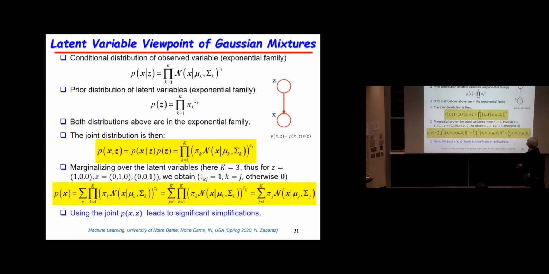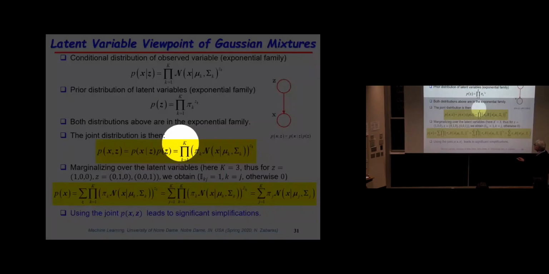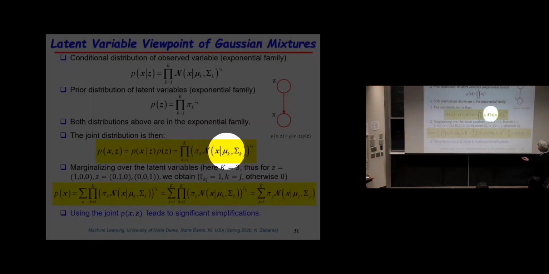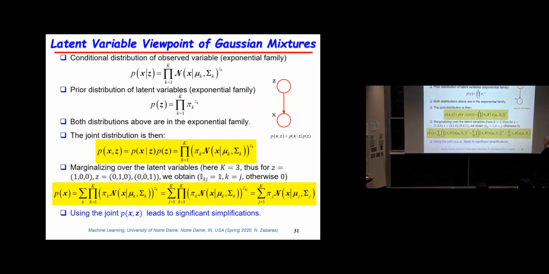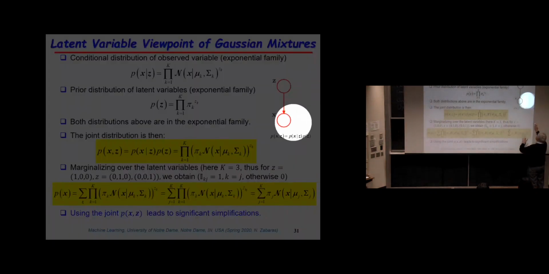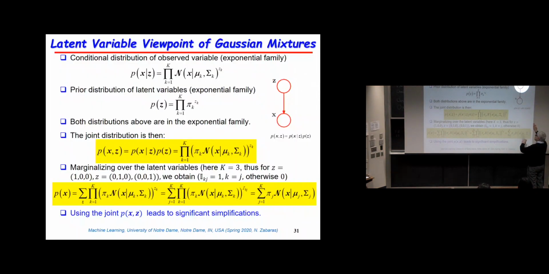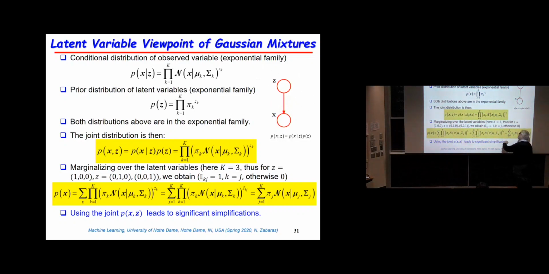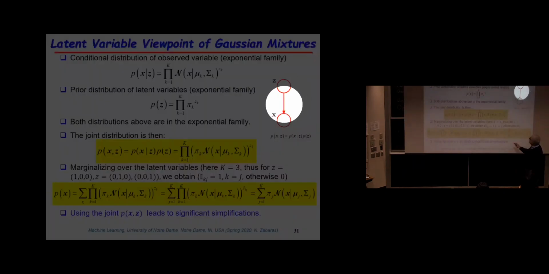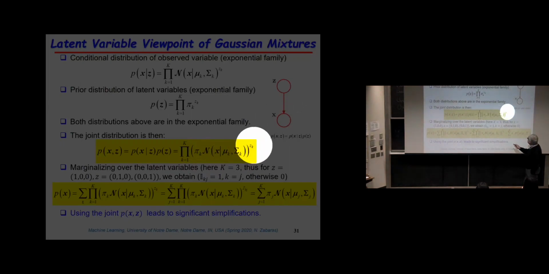So if I put the two things together, the joint distribution of x and z is given by this wonderful formula. Okay? So let's be sure we understand it. I'm only looking at one data point now. So I'm looking at one point x that depends on this particular z, and I'm writing the joint distribution like this. Where did pi k to the zk come from?